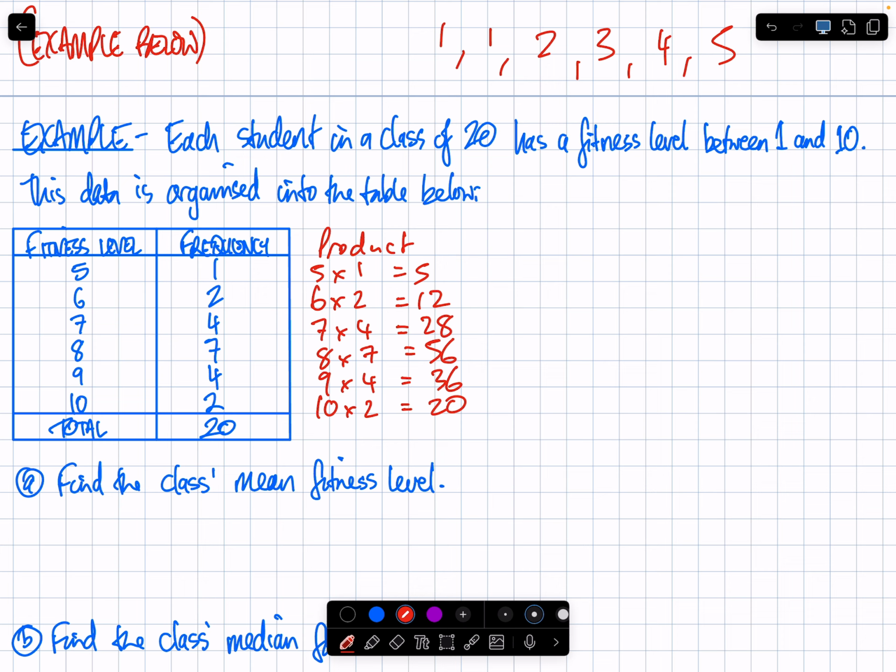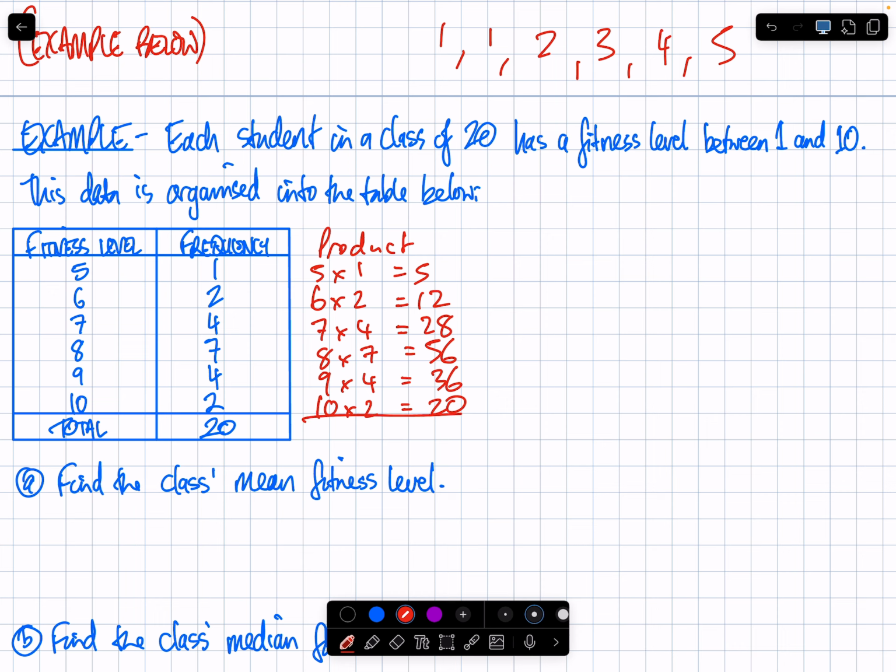I go 7 plus 7 plus 7 plus 7, right? But if you do the product, do you agree that 6 plus 6 gives you 12? Would 7 plus 7 plus 7 plus 7 give you 28? Yeah. So doing the product is a shortcut of finding the total here.